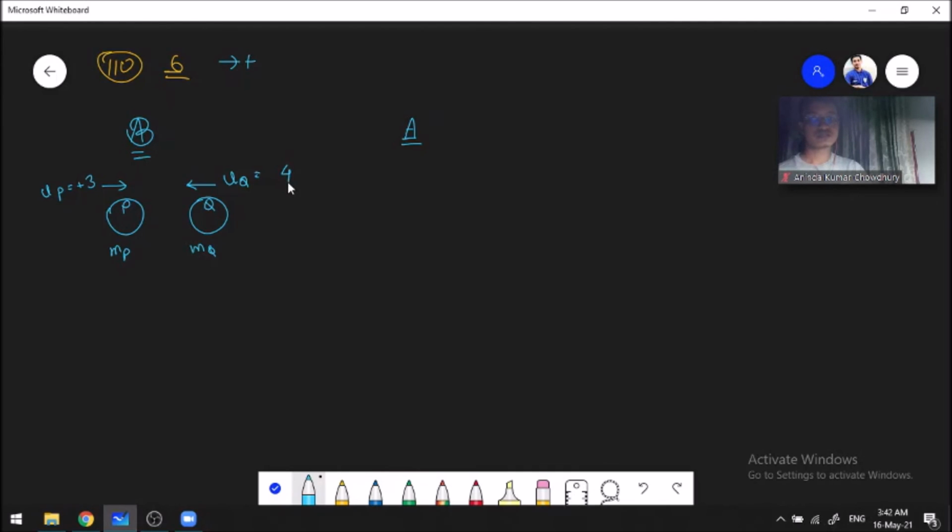So the velocity is 4, but it is towards the left, and since the positive direction is right, the left direction should automatically be negative. And MP has been taken as 1.5 and MQ has been taken as 2.5 in our question. So this is the situation before the collision. After the collision, what is going to happen? We have a particle P and Q. The masses are the same, so I'm not writing them again.